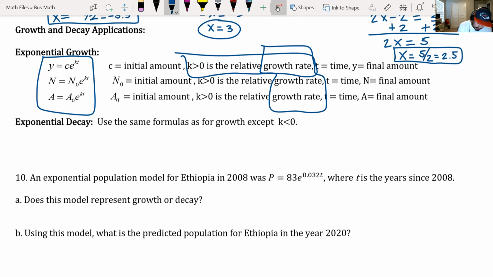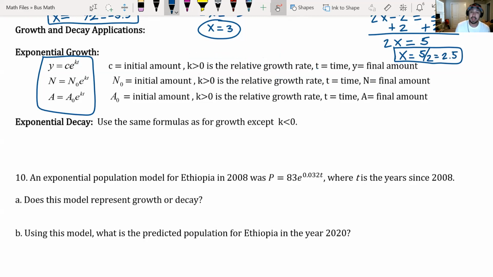So if this little k there is greater than 0, it is a growth rate. If our k is less than 0, then look down below, it represents a decay rate.